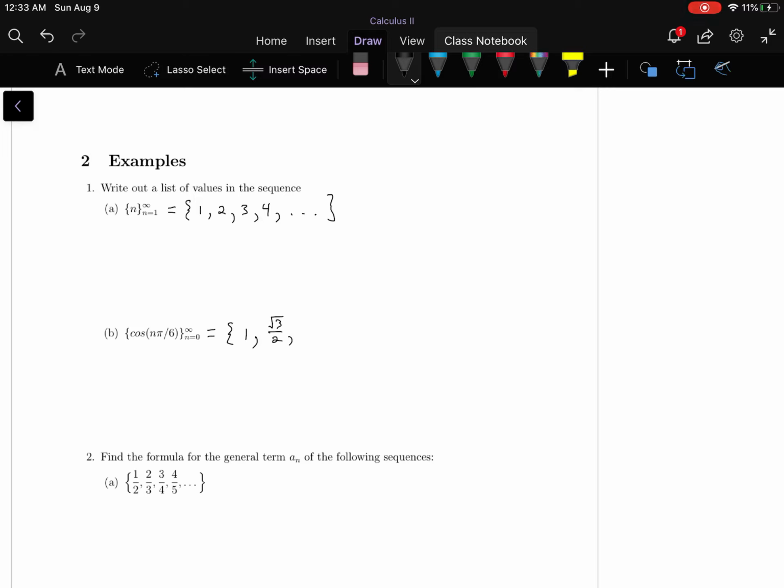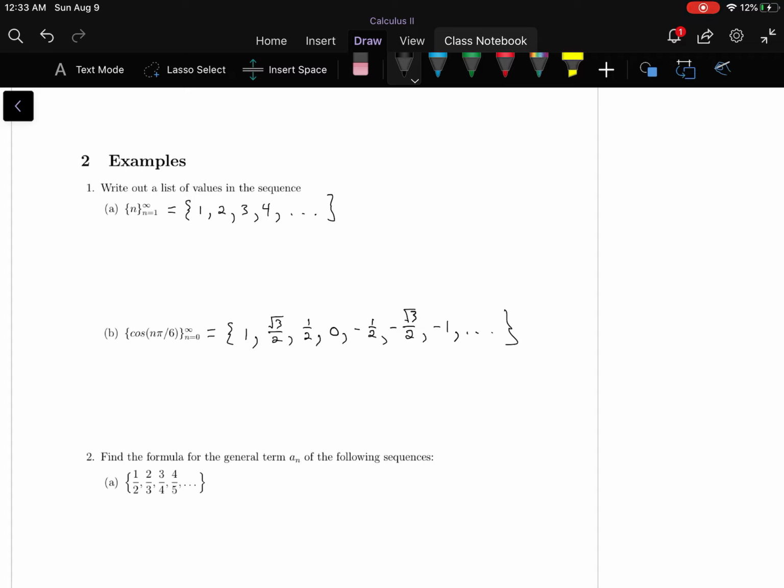When n is 2, we have pi over 3, so cosine of that is going to be 1/2. And then 0, and then negative 1/2, negative root 3 over 2, negative 1, and by periodicity, it just keeps going back and forth. And that's what that sequence looks like.